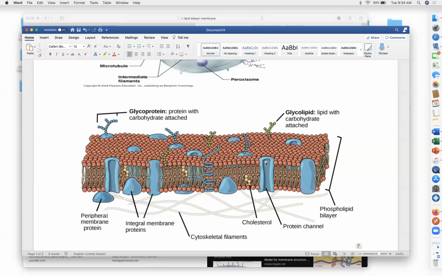Actually, that's also how cells get glucose in. Insulin attaches onto a glycoprotein receptor. The receptor then opens up a whole bunch of doors or protein channels so that the big 6-carbon glucose molecule can go in. And that's what happens when you ate a heavy meal.